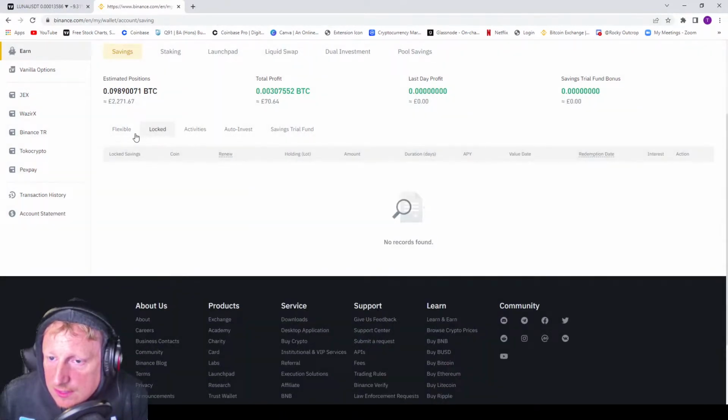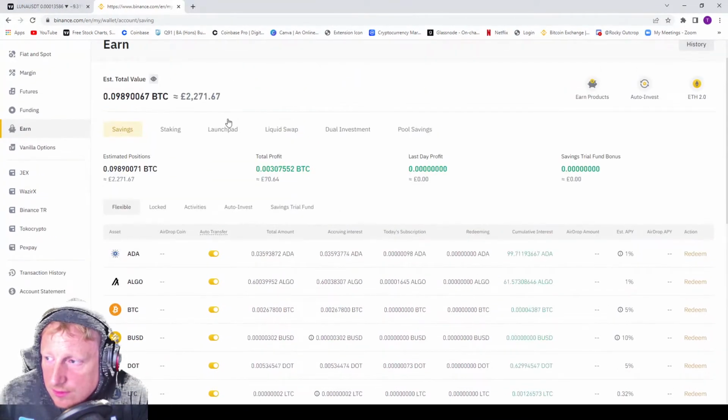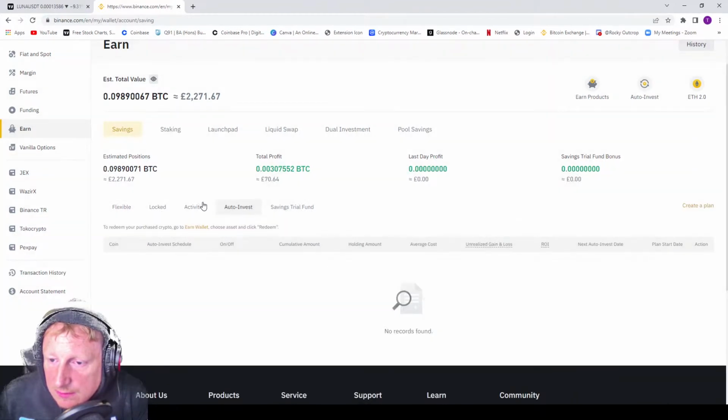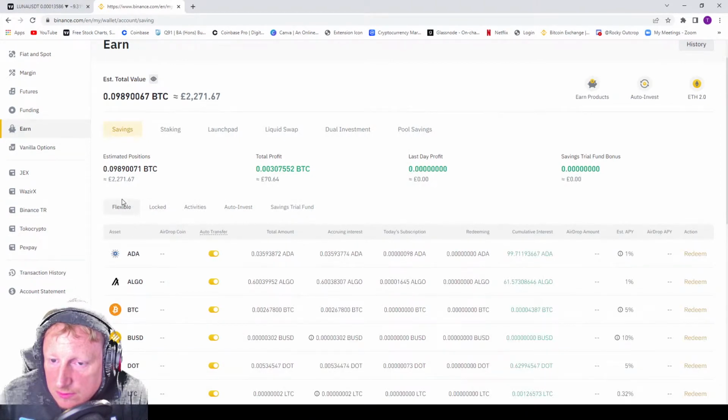No, where's this money? It's £2,000 here somewhere. Where have you gone? It's not in any of those. Flexible, locked, auto invest. Could be in there. Doubt it. Locked. Flexible. So where are you?